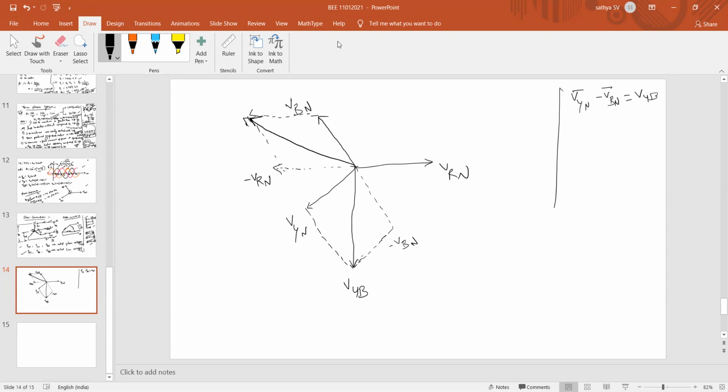Now, what is the resultant vector here? VBN minus VRN. What is the answer? Vector algebra. VBR. Are you able to understand this?